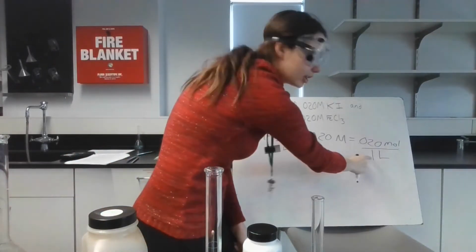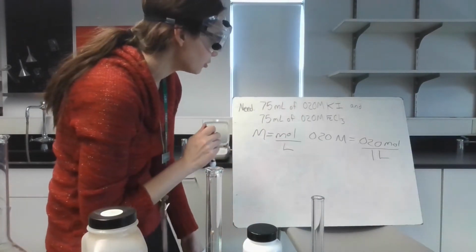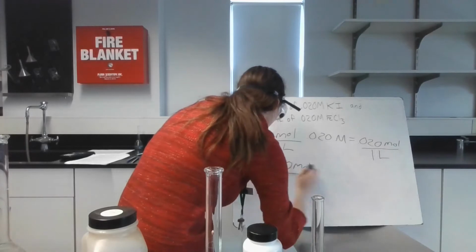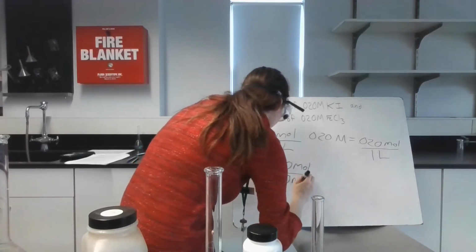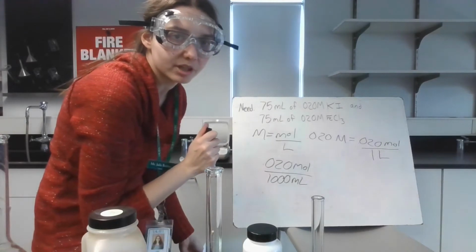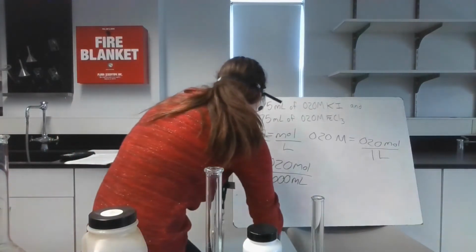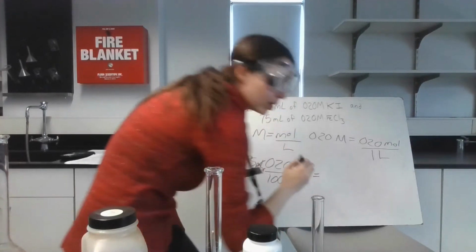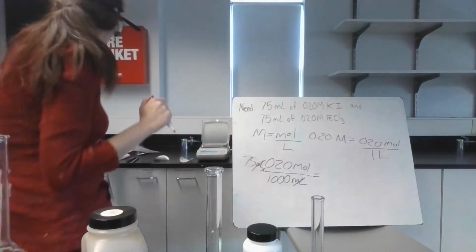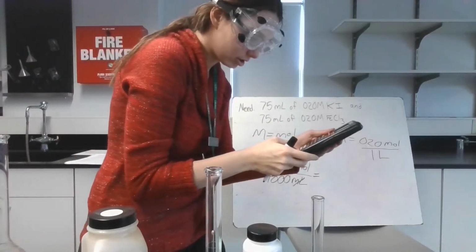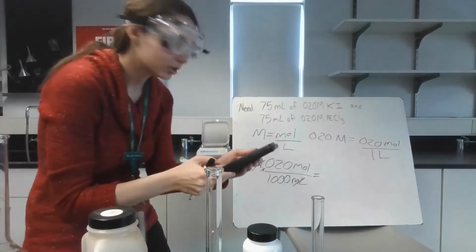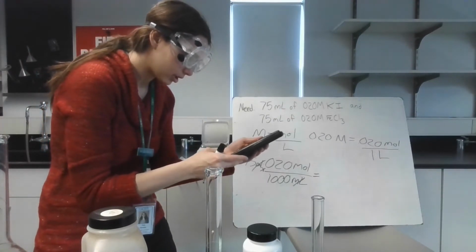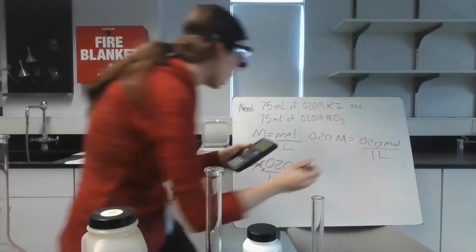So I'm going to change this into milliliters, so it's 0.020 moles per 1,000 milliliters, and I'm going to multiply that by my volume, which is 75 milliliters. Milliliters cancels out here, and if I grab my calculator, 75 times 0.020 divided by 1,000, I get 0.0015.